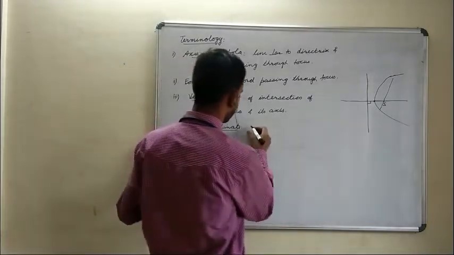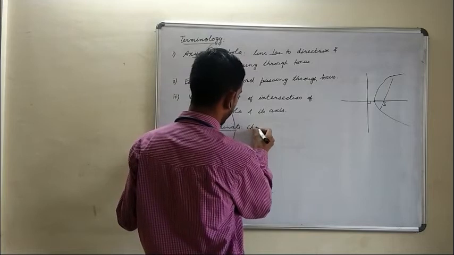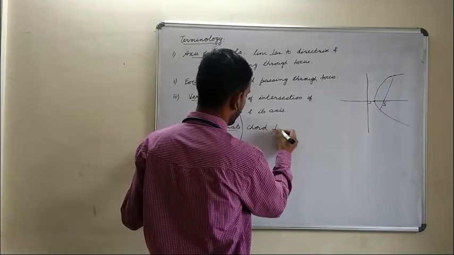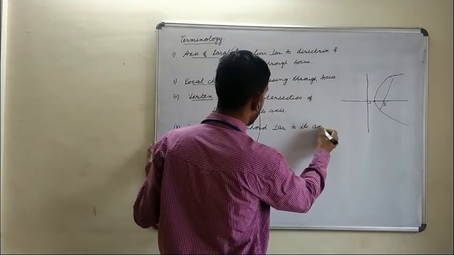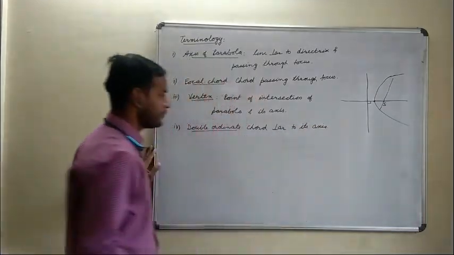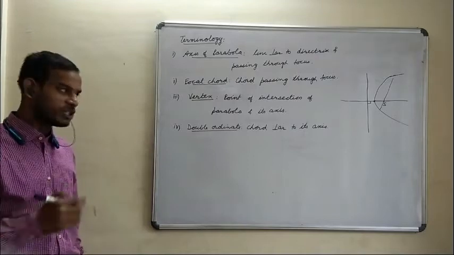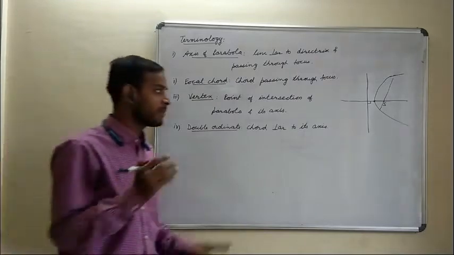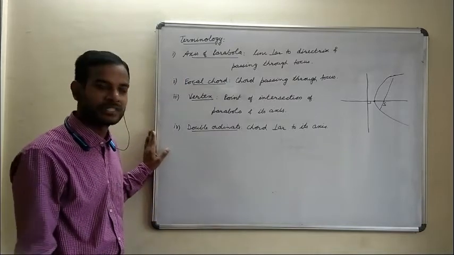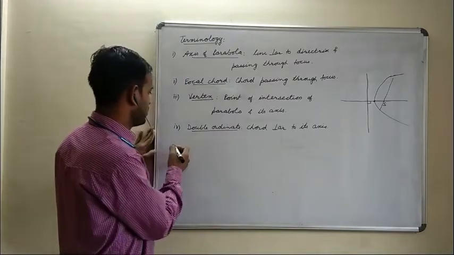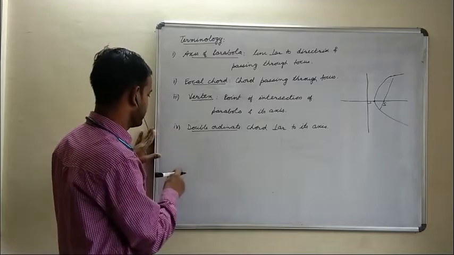Okay, any chord which is perpendicular to the axis of the parabola is called its double ordinate.